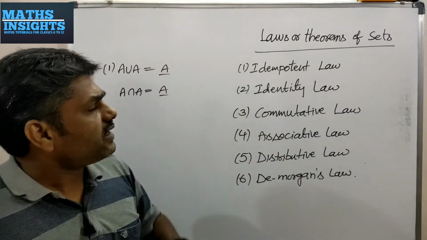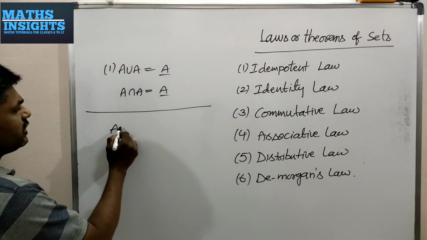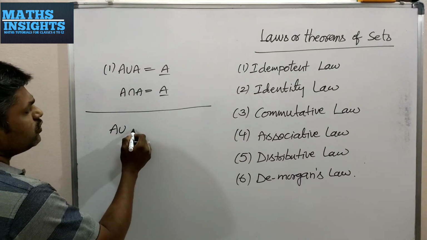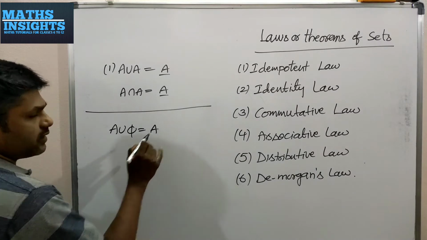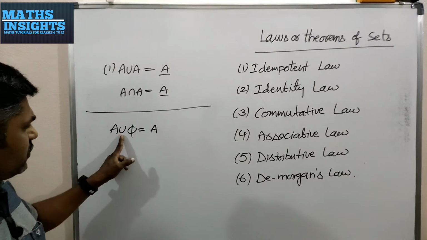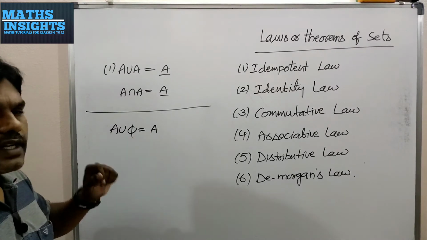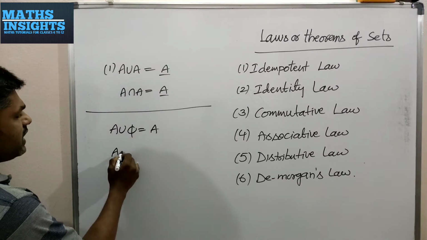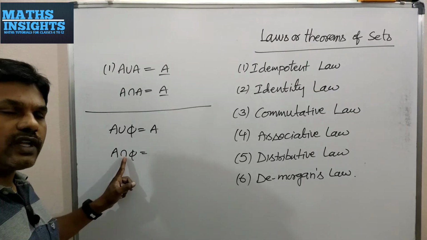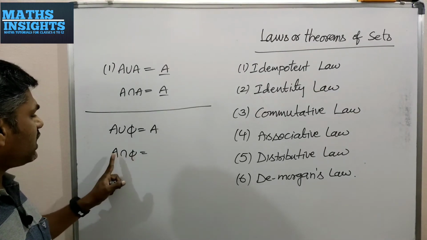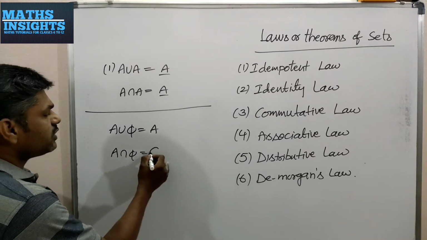So in the identity law, we say that A union phi is equal to A. That means if you combine phi and A, you will get A. And also A intersection phi. That means if you want to take the common elements of both A and phi, you don't have any common elements. That means you will get phi.